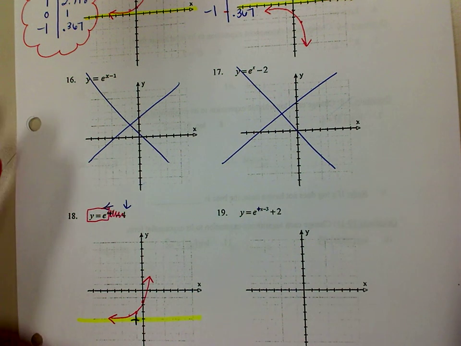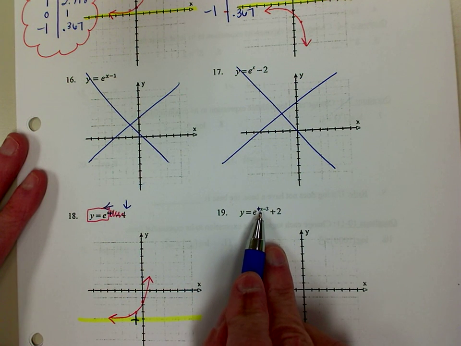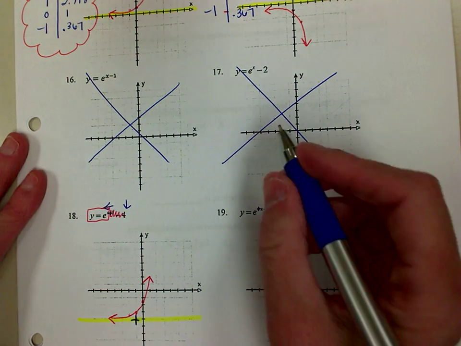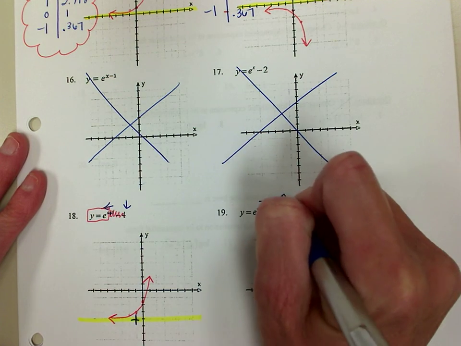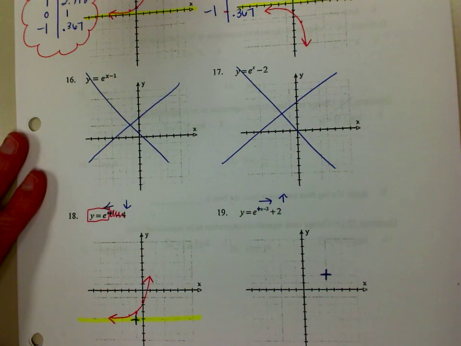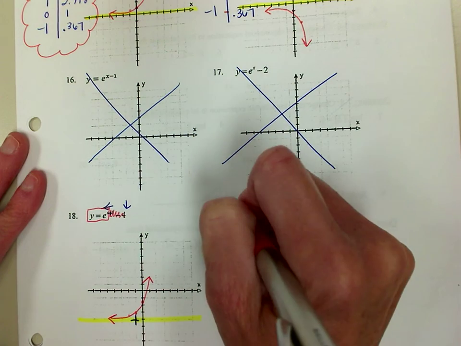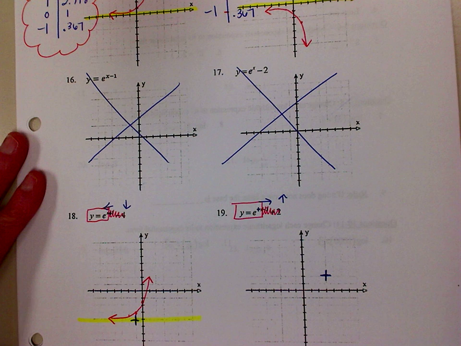Okay, 19. So I'm going to move my origin. Again, I made that a positive x. So I'm going to do the opposite. I'm going to go to the right 3, up 2. Okay, these numbers are now gone. And I have e to the x again.